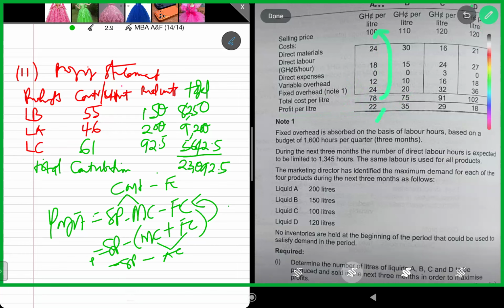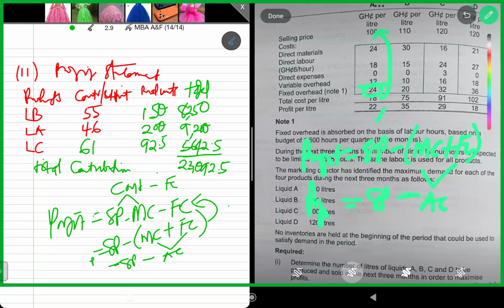So the profit they got here is simply the selling price minus the marginal cost, which starts from materials and ends at the variable overhead of 12, plus the fixed cost of 24. The marginal cost plus the fixed cost gives us the absorption costing. So selling price minus the absorption costing is the profit.